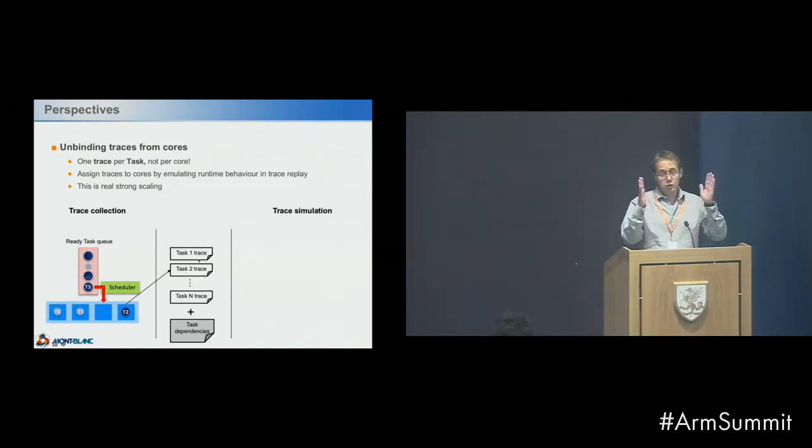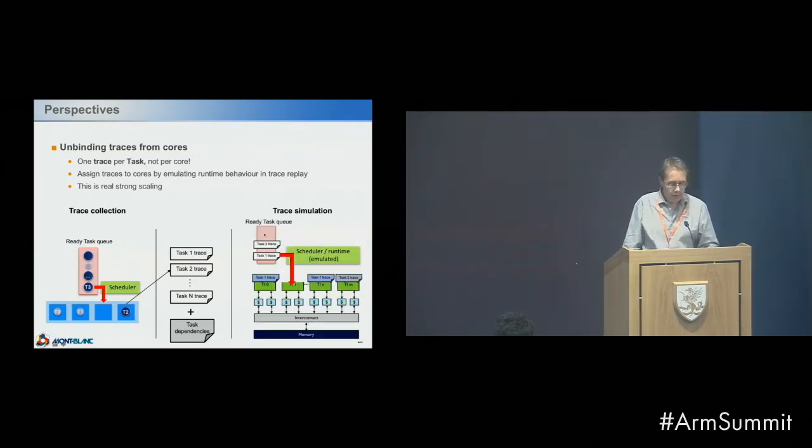Then we have a trace chunk that belongs to one given task, and we build a library of all of the tasks that have been assigned to all of the cores during the execution, such that at runtime you can have a ready task queue, pretty much the same thing, and a scheduler runtime that is emulated at the Gem5 level, not inside the architecture, not in the application or system software.